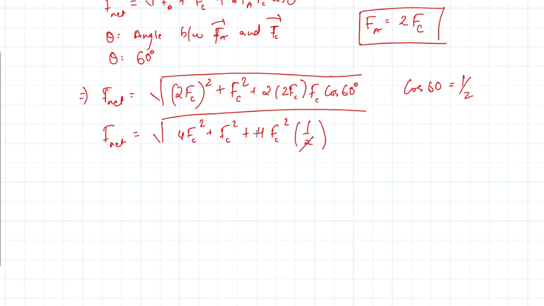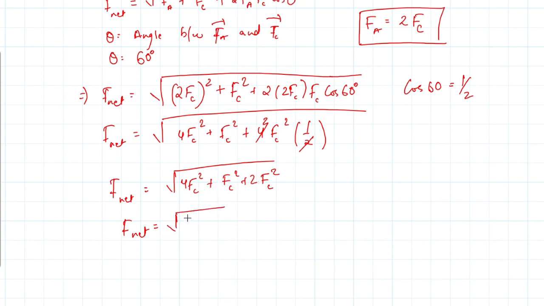So we can cancel this 2 with this 4, and we get 2 out here. So F net will be the square root of 4Fc squared plus Fc squared plus 2Fc squared. So 4 plus 1 plus 2 is 7. It will be root over 7 Fc squared.